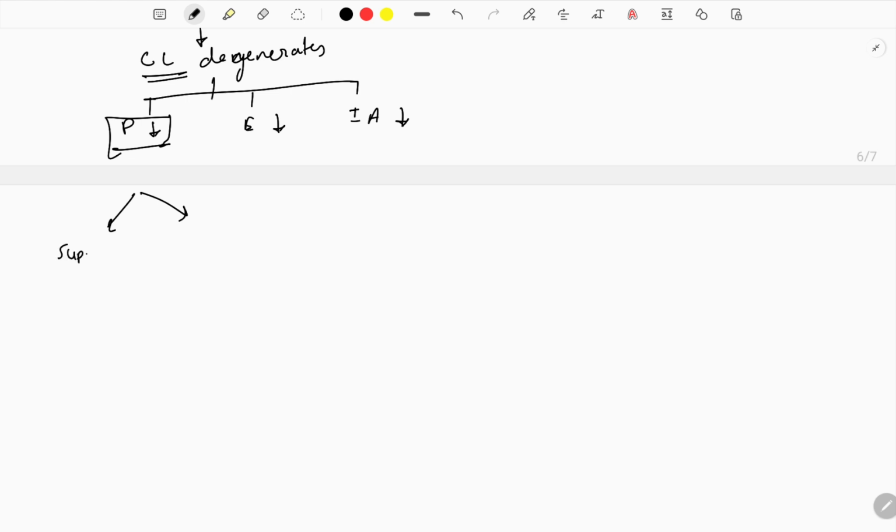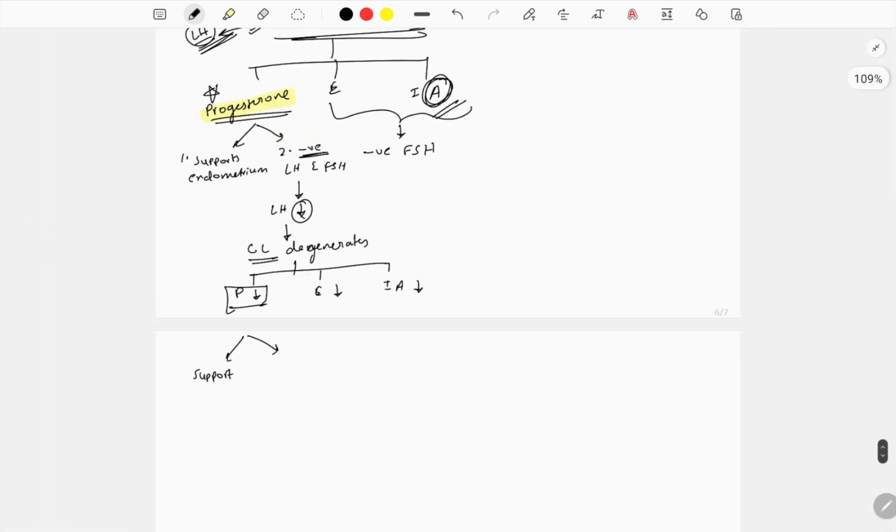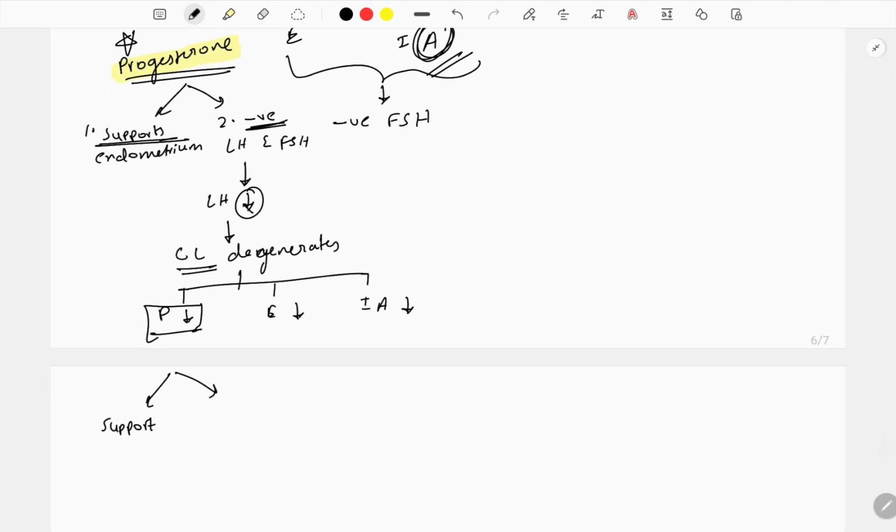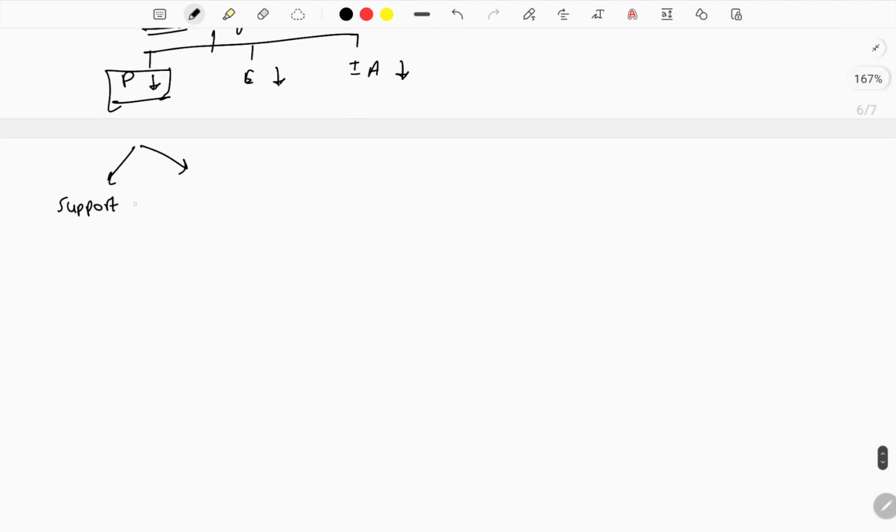The support is lost. Remember, we learned here that progesterone supports the endometrium and gives negative feedback. This support is lost. So what happens? The endometrium is shed, which is menstruation.